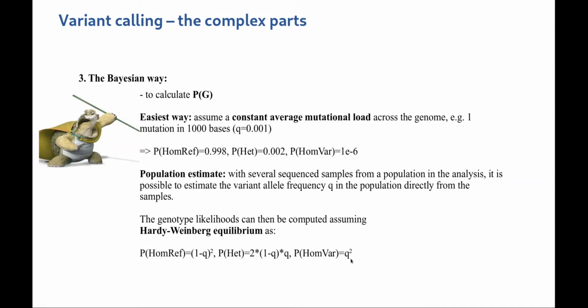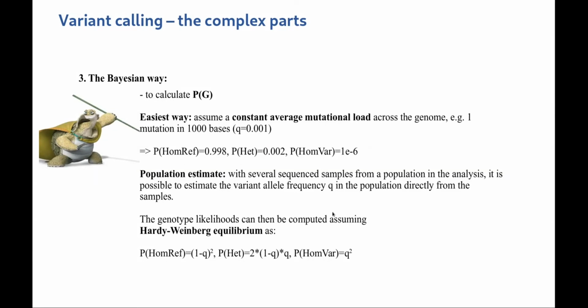So Q squared is the probability of the homozygous variant genotype, and the heterozygous probability is 2 times the product of the outer two, so 2 times (1 minus the mutational load) times the mutational load. And then if you fill in the Q, that's how you derive these values here.